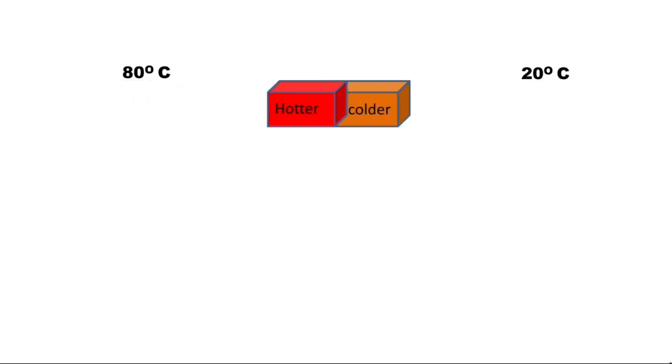Let us consider a hotter body at 80 degrees Celsius and a colder body at 20 degrees Celsius. When two bodies are placed in thermal contact, heat energy will transfer from the hotter body to the colder body.